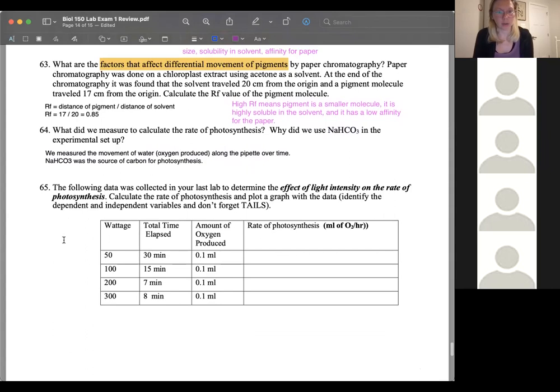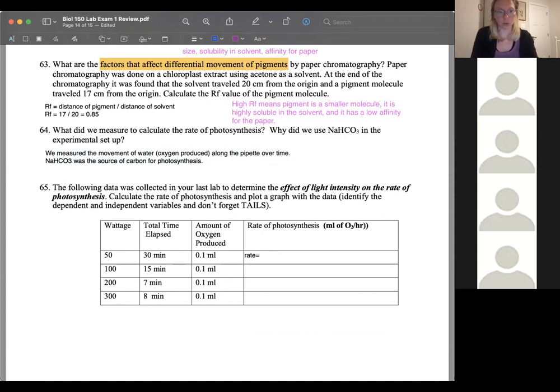Okay, and then this was data that was collected. So we had these lamps with different wattages, and the time that it took to create 0.1 mil of oxygen. So rate of photosynthesis, we're talking about mils of oxygen per hour. In order to calculate that, we need to convert these minutes into hours.